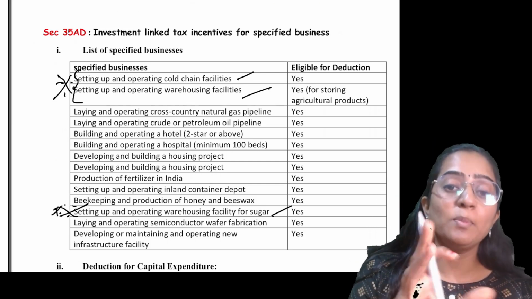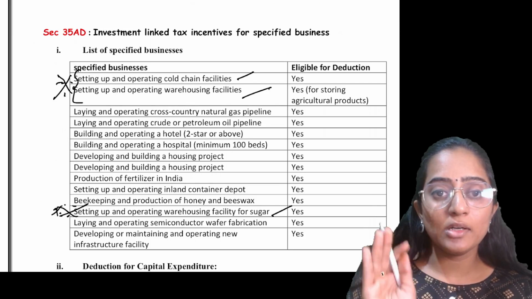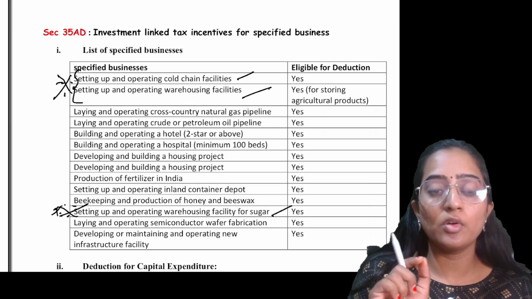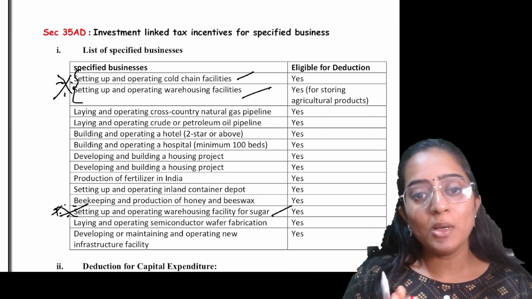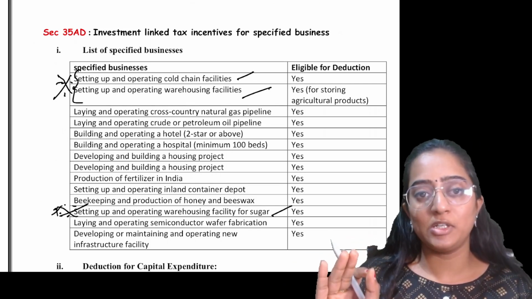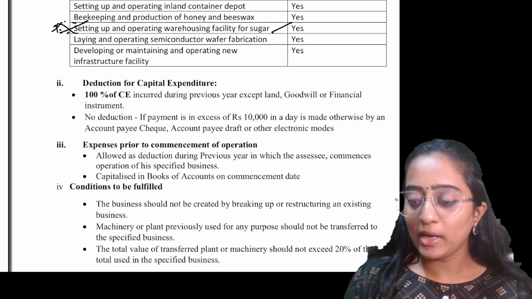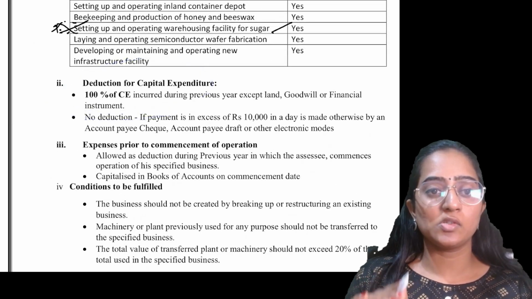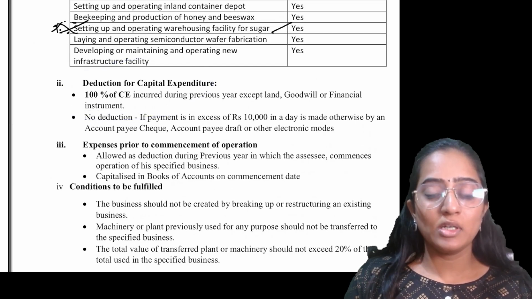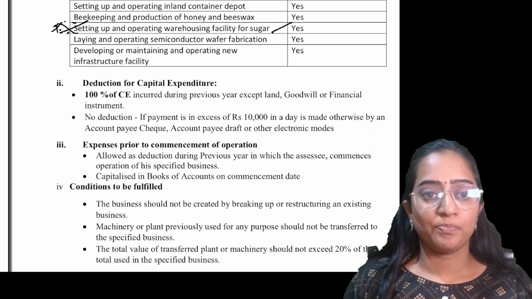Warehousing of your edible oil will not come under your specified business. This becomes your normal business. Normal business will not get your capital expenditure deduction, whereas your specified business gets 100% of the capital expenditure as your deduction. Clear? What it gets? It gets 100% of the capital expenditure as your deduction.